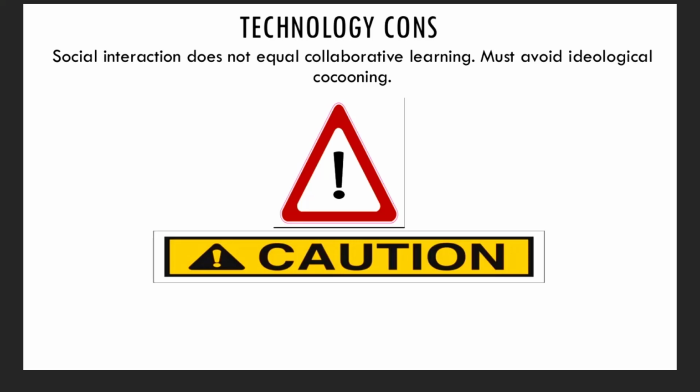And obviously the cons, these were mentioned here before, but first off, social interaction doesn't necessarily equal collaborative learning, and we also have to avoid ideological cocooning. So we have to make sure that we are seeking those outside opinions and ideas, and not necessarily going towards everything that we're perfectly comfortable with when we're researching information or we're finding those learning environments to be a part of.